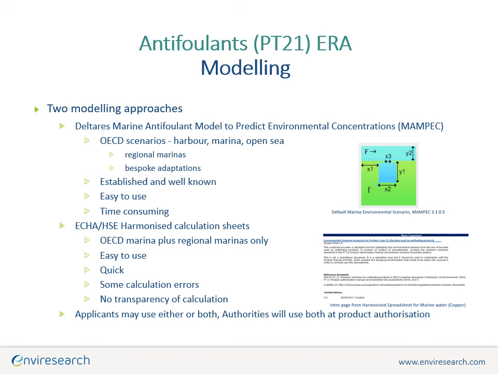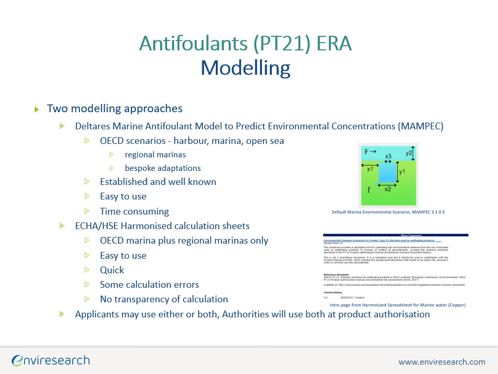The second approach is the ECHA HSE harmonised calculation sheets. These were introduced in 2017, and it's effectively an Excel spreadsheet, a series of spreadsheets, as a calculation tool for the environmental releases. It covers the emission scenarios for those mentioned in Product Type 21's authorisation manual and the emission scenario document.